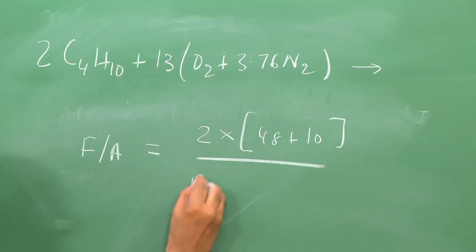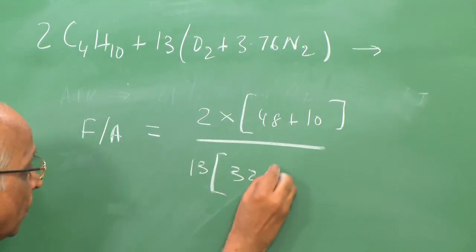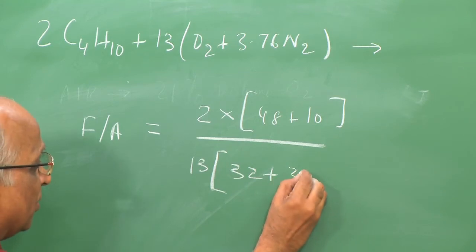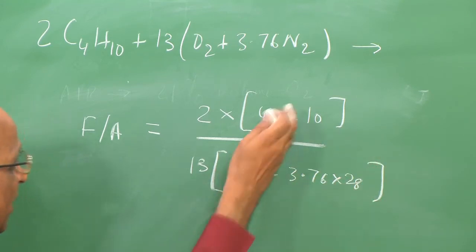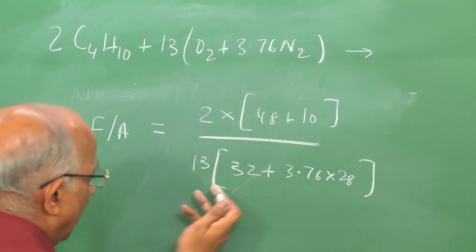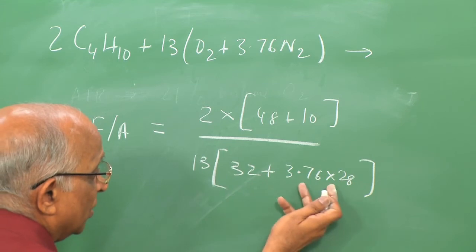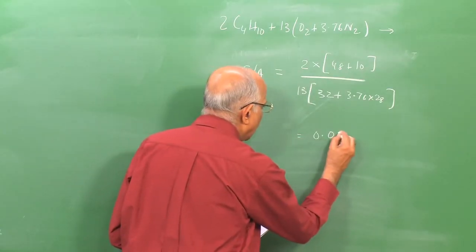And what is the mass of air? 13 into O2, 16 2s are 32, plus 3.76 into 28. If I calculate this value, it is 58 2s are 116 divided by 13 into 32 plus this value, and the value comes out to 0.065.